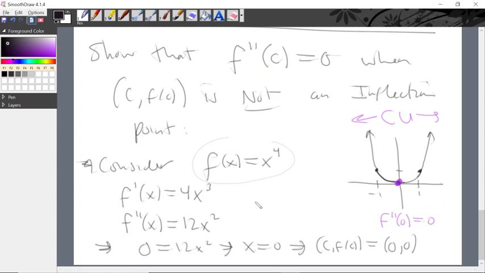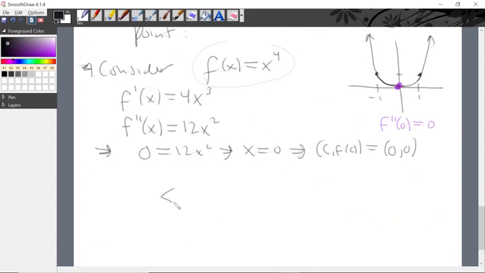We can test around them. Let's choose some test values. Let's imagine that this is the whole domain. The domain for y equals x to the fourth is negative infinity to positive infinity.